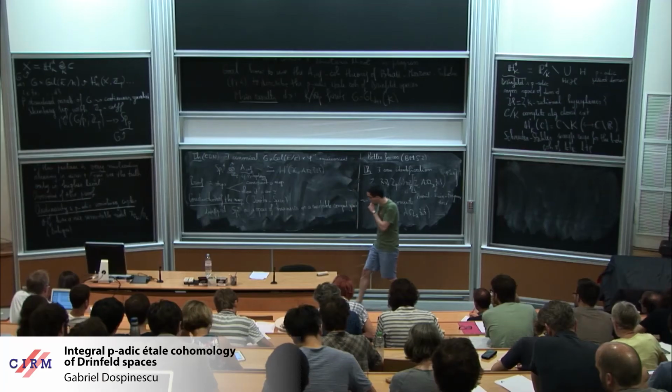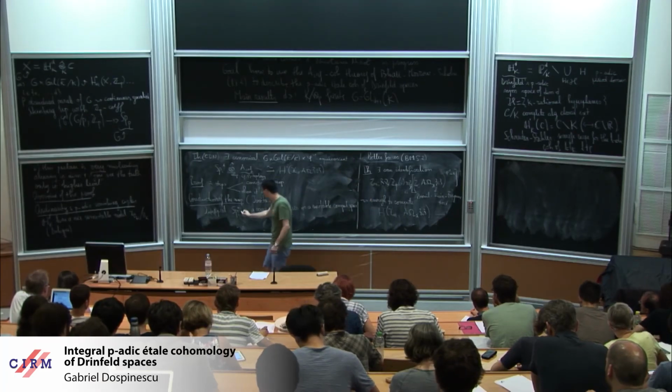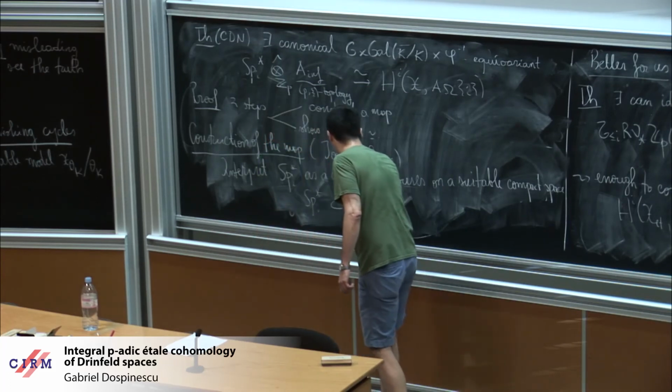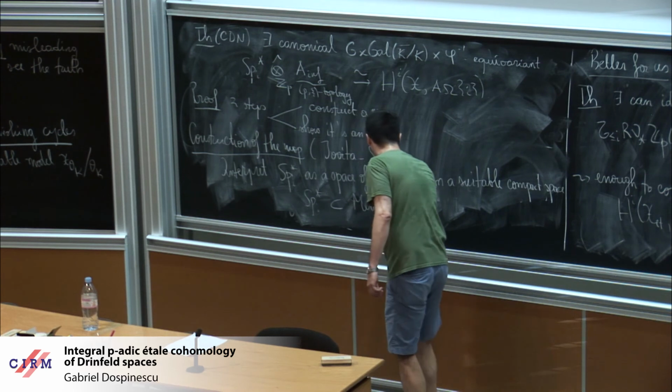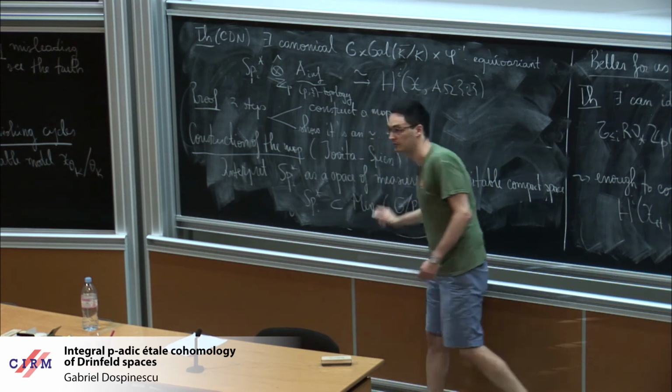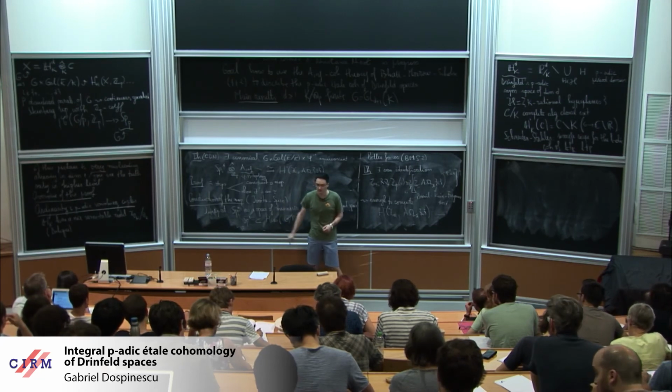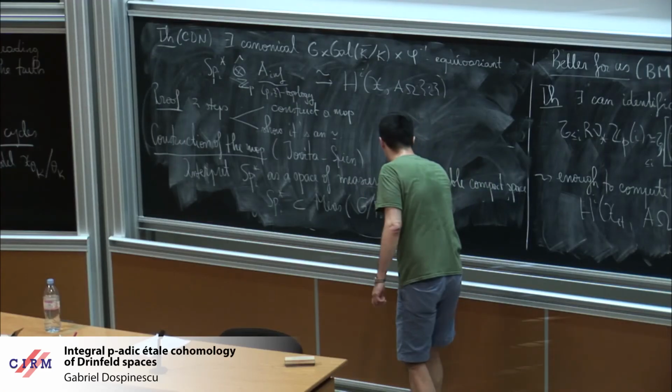Now, of course, you have one that is completely natural, because I remind you that this Sp_i dual naturally sits inside measures on the corresponding flag variety. Because by definition, the special representation was a quotient of the continuous functions here. But this is not what you want to do.